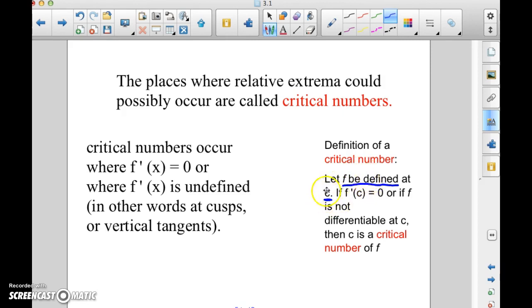So f has to be defined at a point c, but if that point has a derivative that equals 0, then it's a critical number. Or if that point is not differentiable, so that could mean it has a cusp or a vertical tangent, then c is a critical number. So basically what we're looking for is where the derivative equals 0 or where the derivative is undefined.